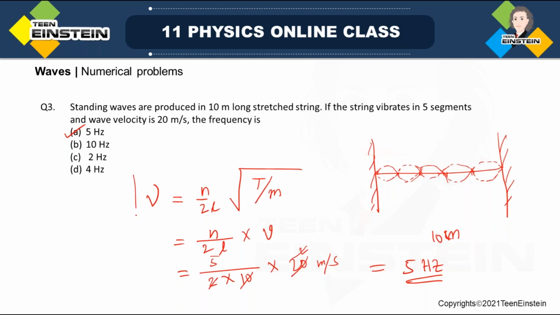You have to go with the fundamental formula for getting the frequency of the wave. Actually, see, if I write 2, then it has 2 segments. 1 means 1 segment. So this n is the number of segments.